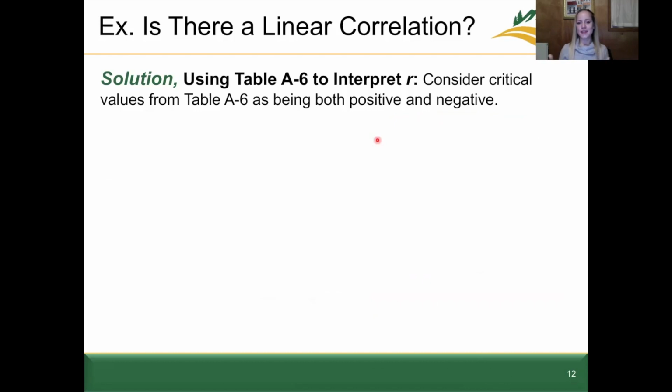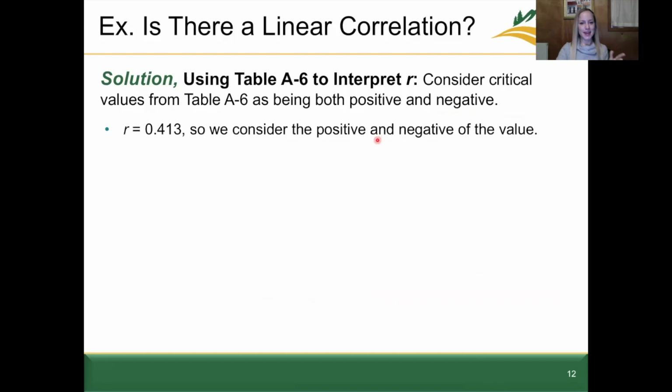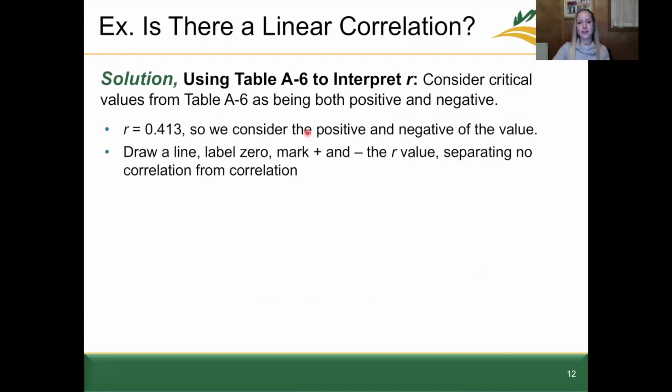Now that we have that critical value, we can make our drawing. So again, we're using a critical value of 0.413. As mentioned previously, we want to use the negative form of our critical value and the positive form. We also want to draw a line, label 0, also label -1 and +1, then add in the negative form of our critical value and the positive form of our critical value.